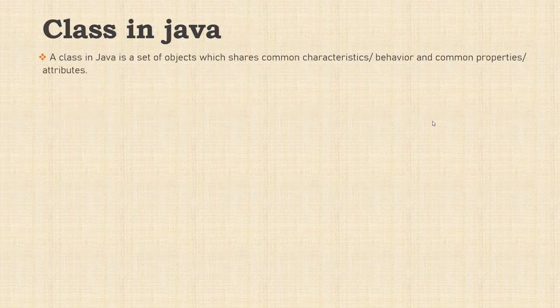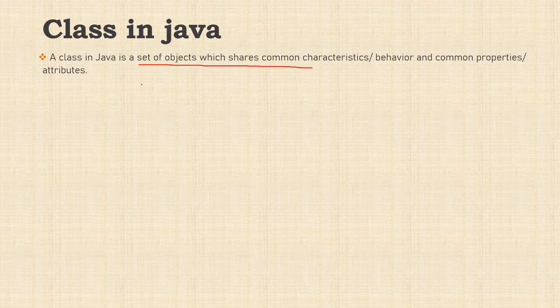Now we are going to elaborate what is class and how we can create a class in Java. A class in Java is a set of objects which shares common characteristics, behavior, and common properties or attributes.